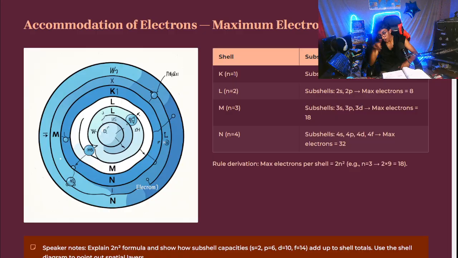So in one orbital, only 2 electrons can exist. So just find the maximum electrons present, and divide this by 2. So you'll get the number of orbitals.